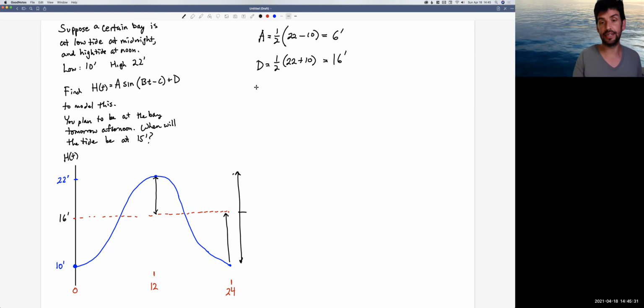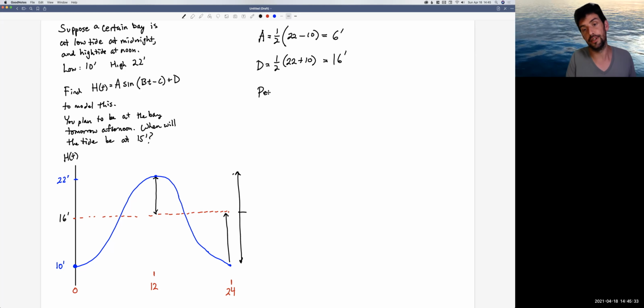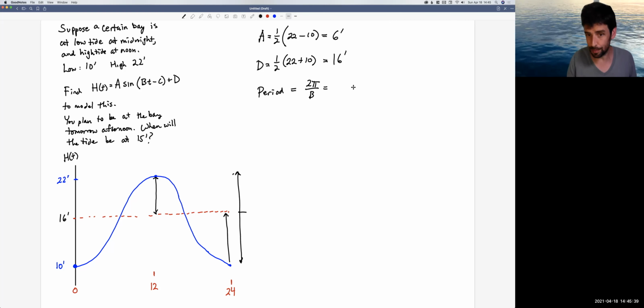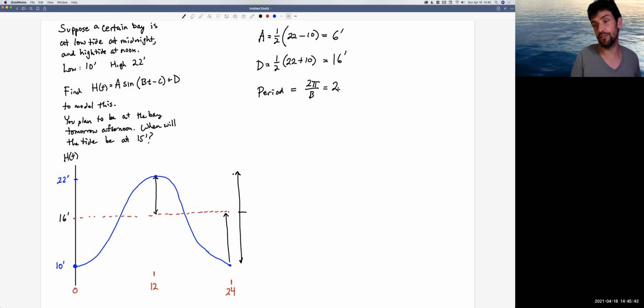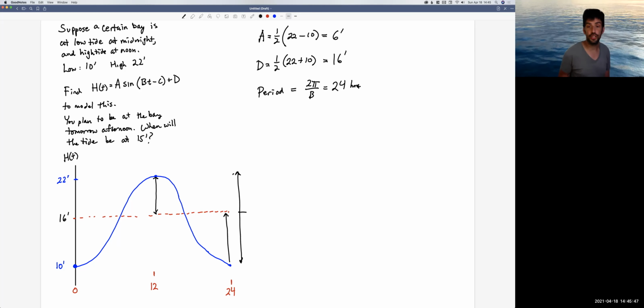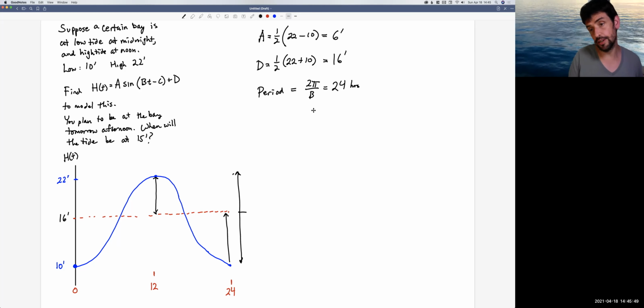Remember, B is related to the period, where the period is equal to 2 pi over B. But we know what the period is. This is happening on a daily cycle, so 24 hours. All right, if we solve this for B, the equation on the right, you can multiply by B and divide by 24, and you get B equals pi over 12 hours.